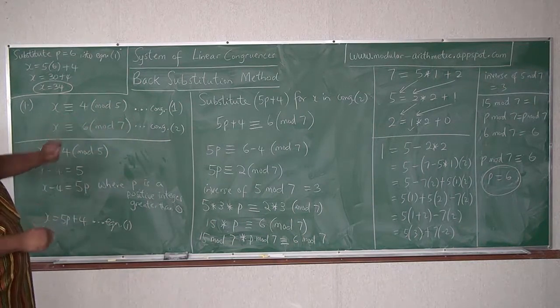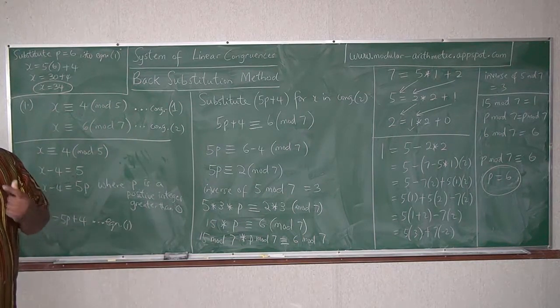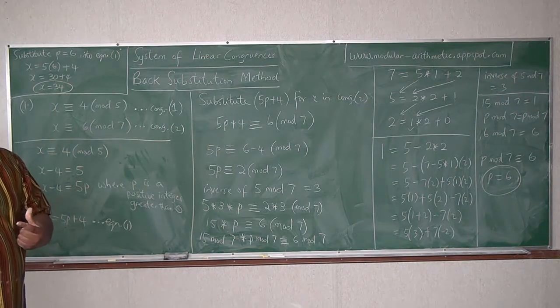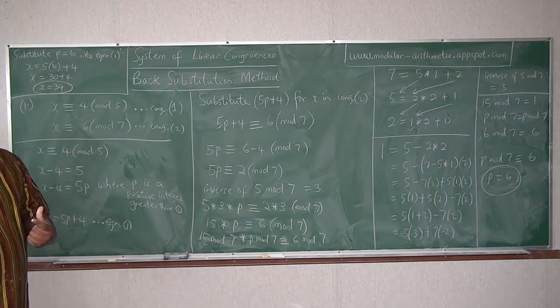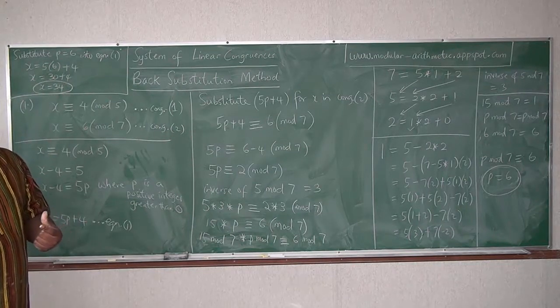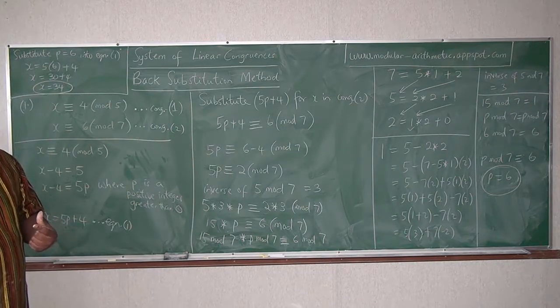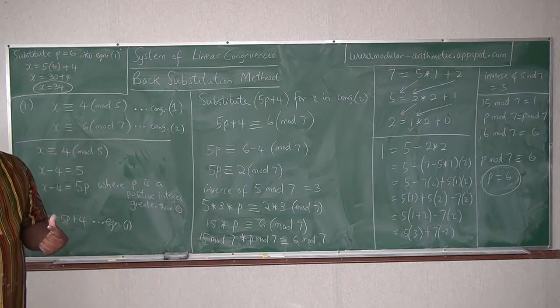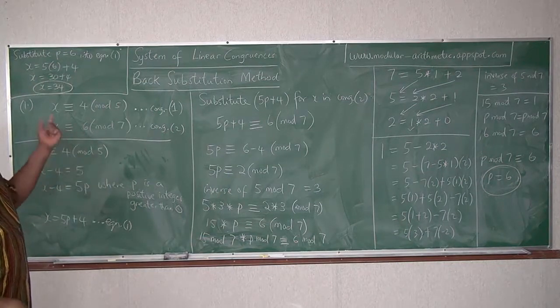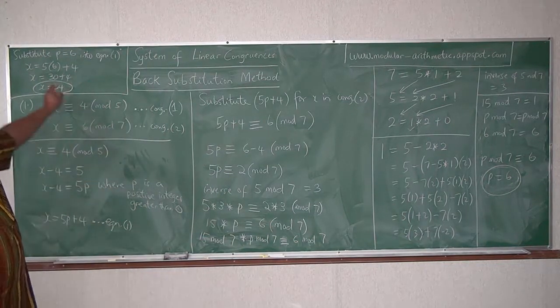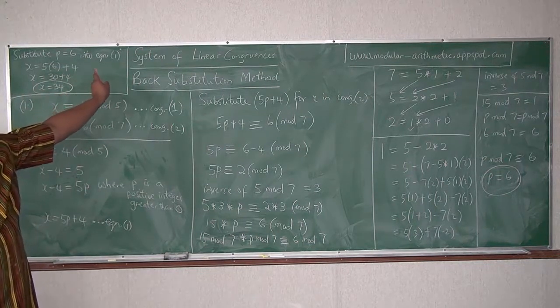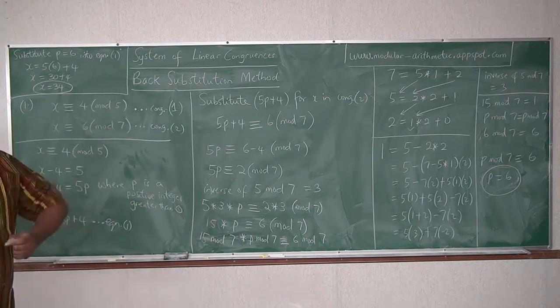And if you do 34 divided by 7, 7 times 4 is 28, and 34 minus 28 is 6. That's it, and this was the answer we got with the Chinese remainder theorem.